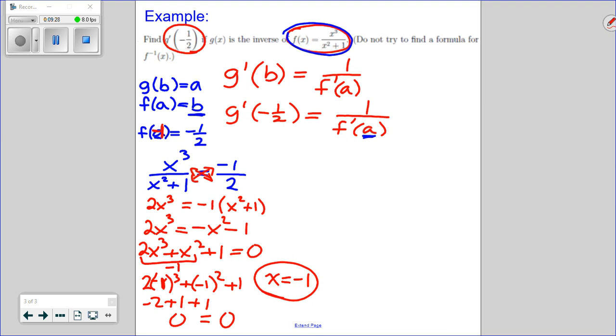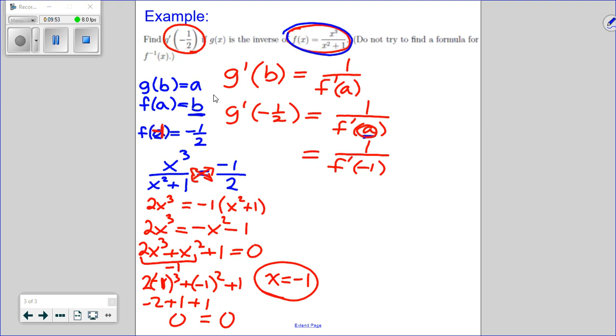Okay, so now, go back to my formula. This is going to be 1 over f prime of negative 1, because we just figured out what a is. Okay, so it gets easier now. Now we have to find the derivative. I think I'm going to work that out on another slide.